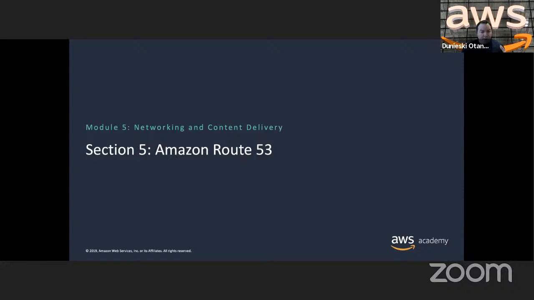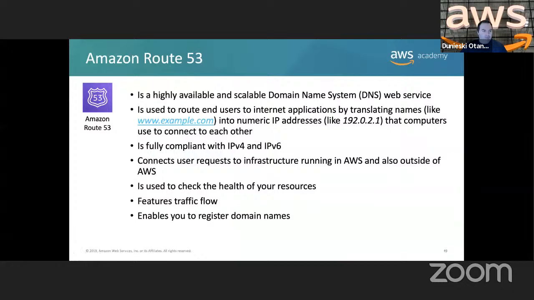So these are protocols that use a particular port, right? It's called route because it's like a highway. If you take a look at the next slide, the icon of Route 53 looks like a sign from a highway. That's usually how it is presented. Route 53 is a highly available and scalable domain name system web service.